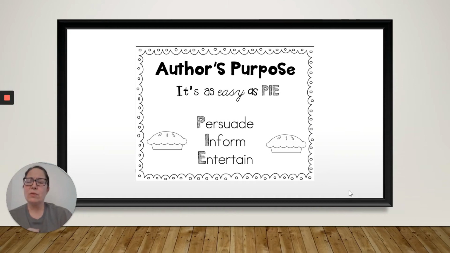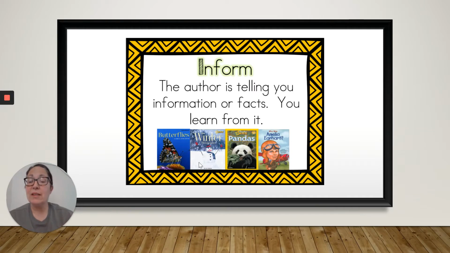So if we think of those first letters as P, I, E: persuade, inform, entertain. And this week, friends, we are focusing on the I for inform, like information. The author is telling us information or facts. And we learn amazing things, and our brains just keep growing.